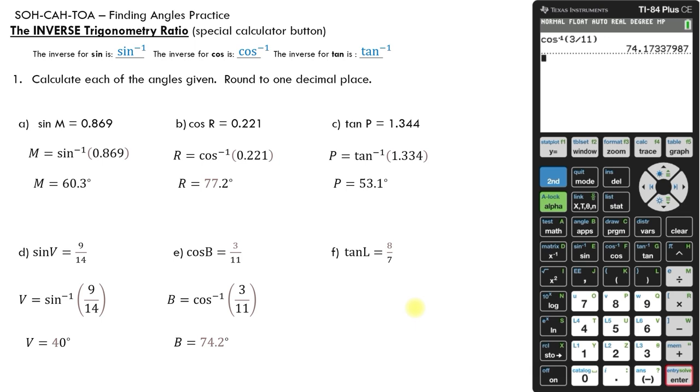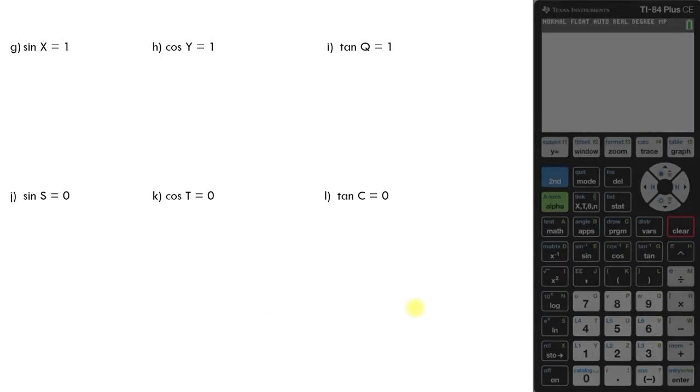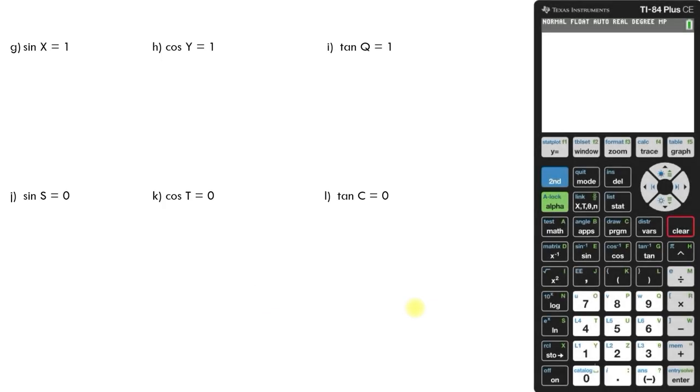74.17, rounding to 74.2. Question F states that the tan of angle L equals 8 over 7. Second function tan, inverse tan, 8 divided by 7, close your brackets, enter, to give us an answer of 48.8 degrees. G states that the sine of x equals 1.